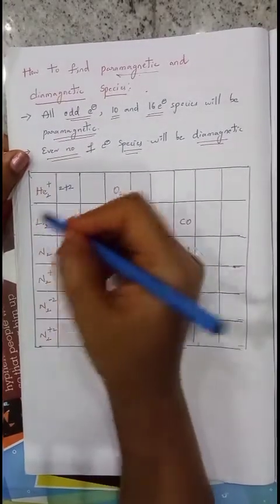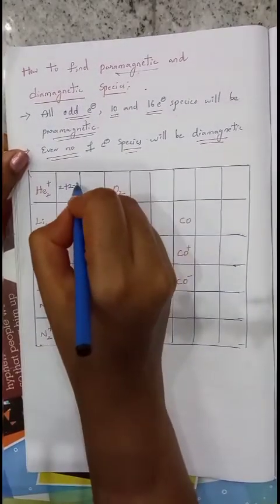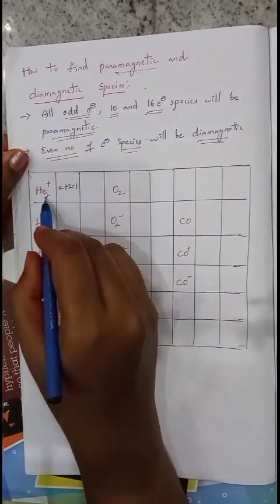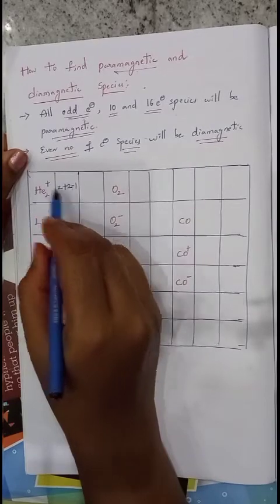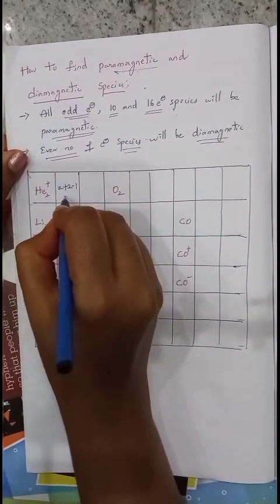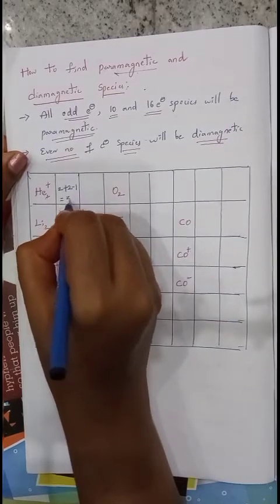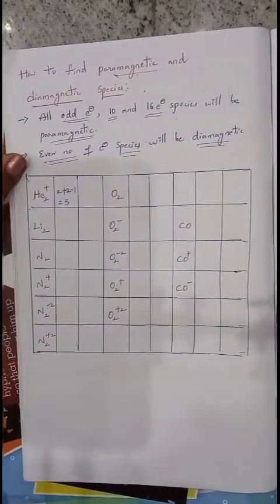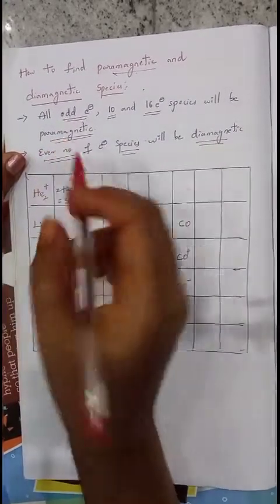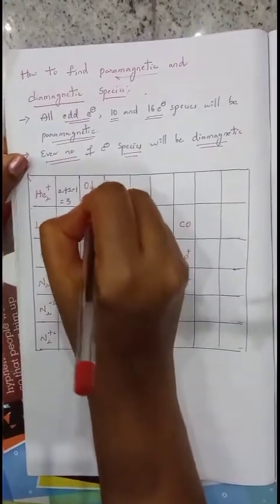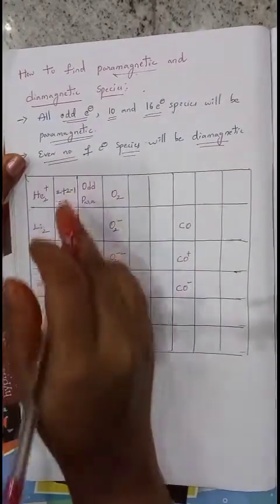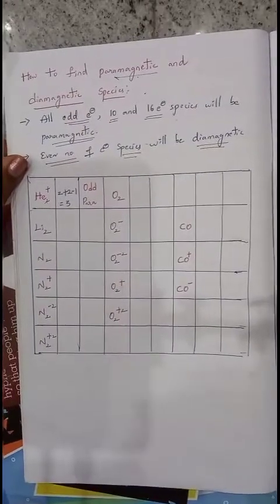Plus indicates losing of one electron, so minus 1. 2 plus 2 is the number of electrons in each helium, and plus indicates removal of one electron, and the total number of electrons here is 3. 3 is an odd number. If an odd number of electrons are present, then that is said to be para. Helium 2 plus is a paramagnetic species.